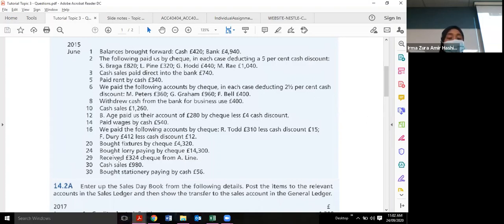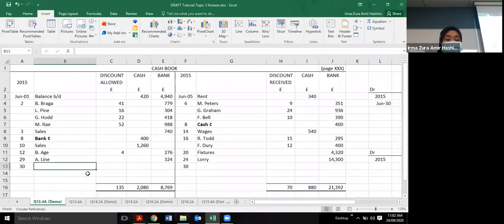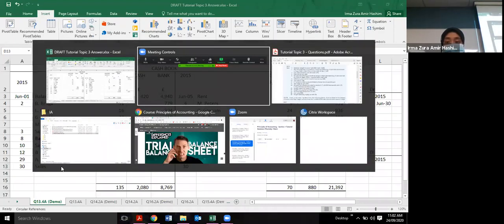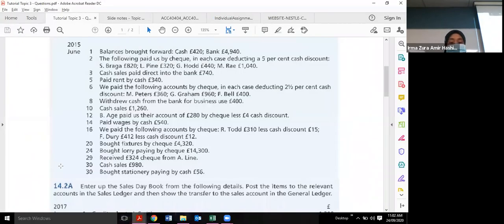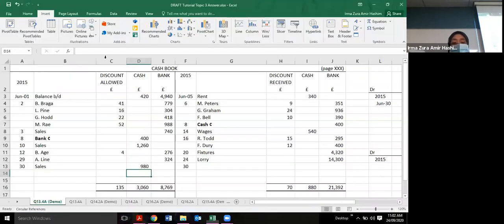Okay, cash sales, debit or credit in this cash book? Debit. Debit here. Okay, so what item should I write here? And then the amount is, okay, cash, the amount is 980. Okay. And then 30th, bought stationery paying by cash.